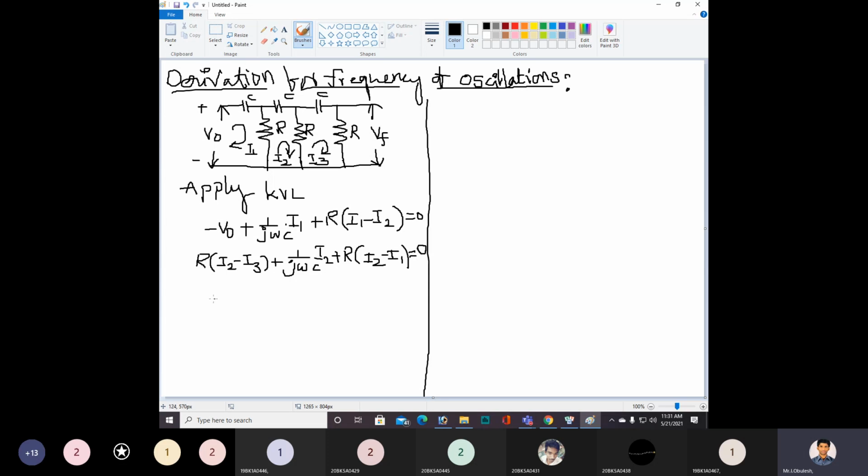The next, for the third loop, R into I3 minus I2 plus 1 by j omega c into I3 plus R into I3 only, right?